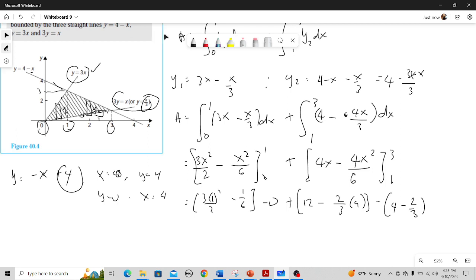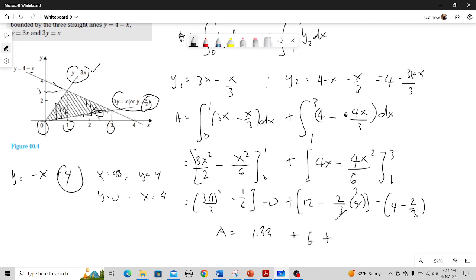Okay, area would be equal to, you can just use your calculator. This is 0.5 minus, the first is 1.33. The other one is 3 times 9 over 6, 12 minus 6 is 6.